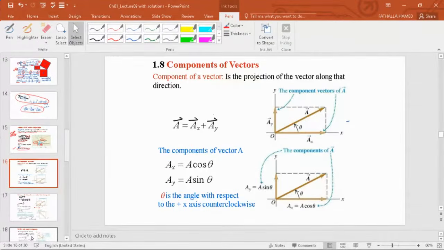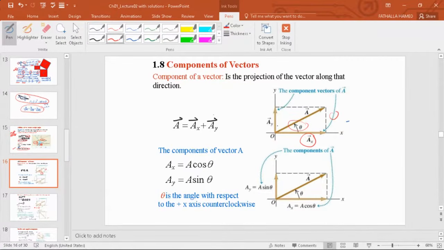Now, there's another third way, which basically is breaking vectors in terms of components. And then you can add the components, and we'll deal with that. So now, let's take a vector A here, which makes an angle theta with the positive x-axis. Now, this vector that I have here, just like what we did before, I can say that I get to this point here by going that much in the x and that much in the y.